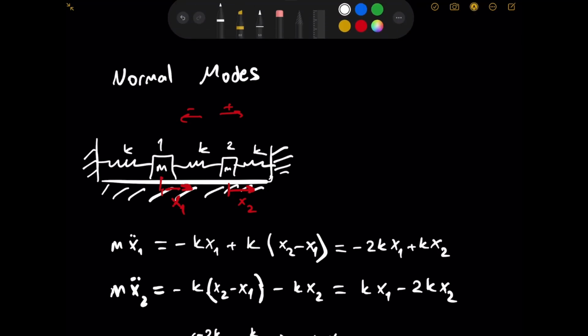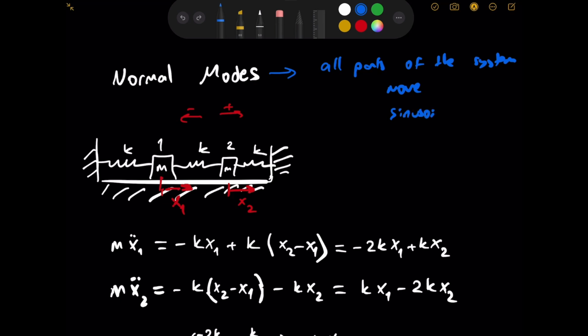You can find a better textbook definition of normal modes, but for understanding purposes, normal modes is when all parts of the system move sinusoidally.